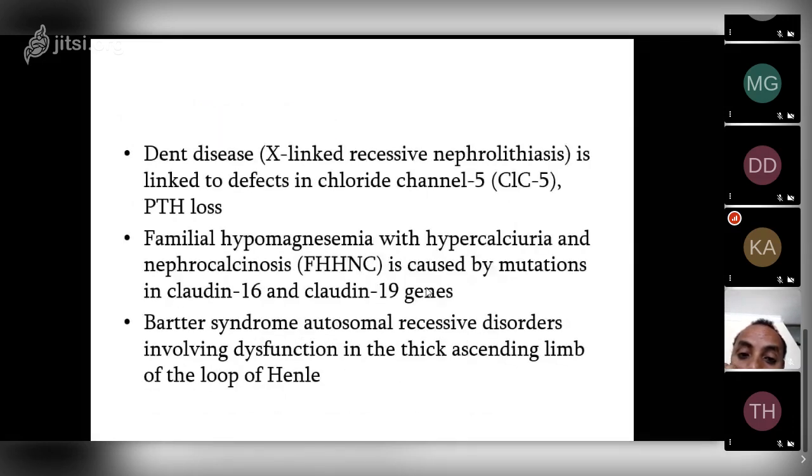Different diseases with this renal leak are associated with hypercalciuria.